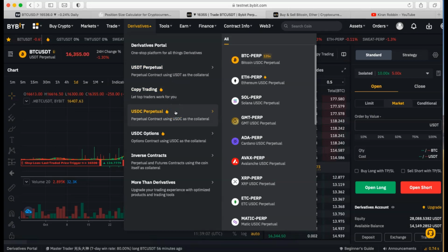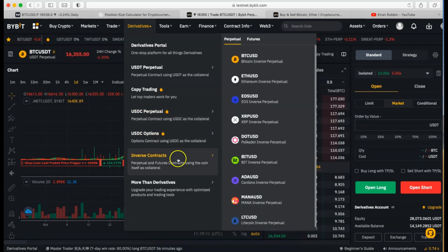In this case, you're using USDC as the collateral. Inverse contracts means you're actually using the underlying cryptocurrency as the collateral. So for example, instead of trading with USDT as the collateral, by trading and winning, you're trying to accumulate as many units of the underlying cryptocurrency as well. In bear markets, people don't generally tend to do this as much.